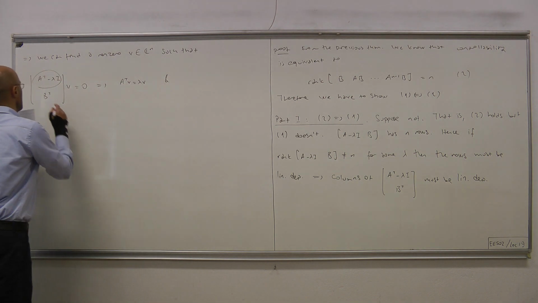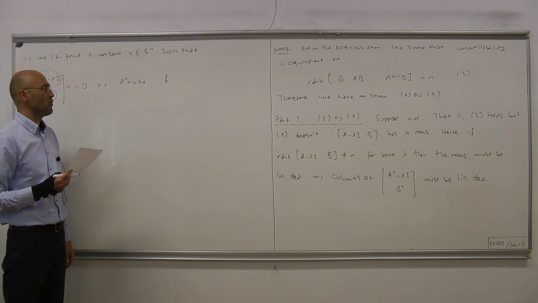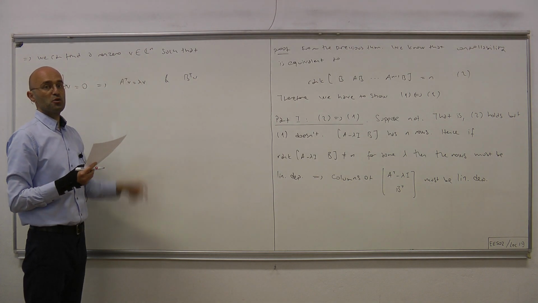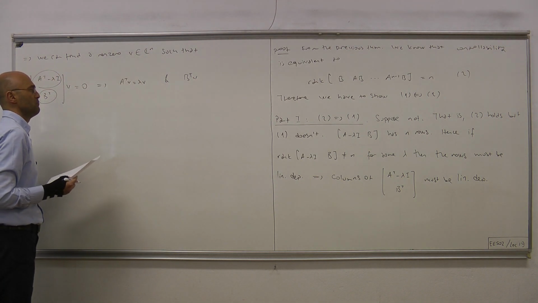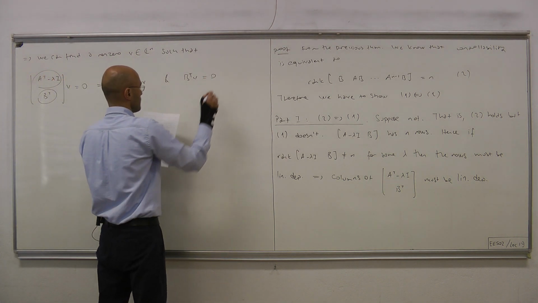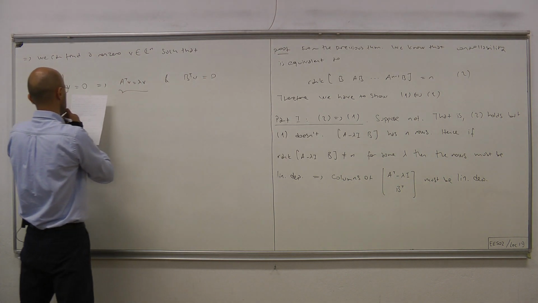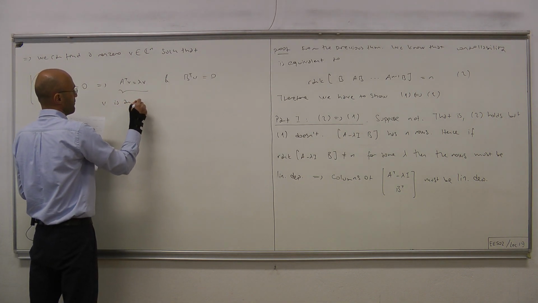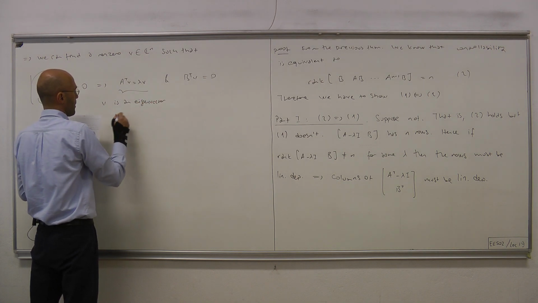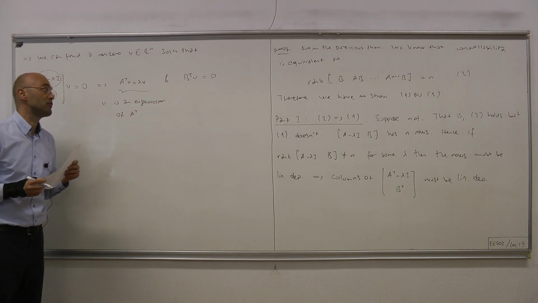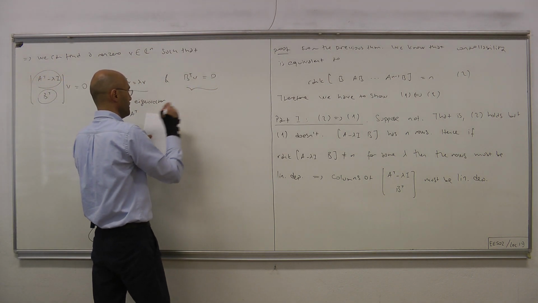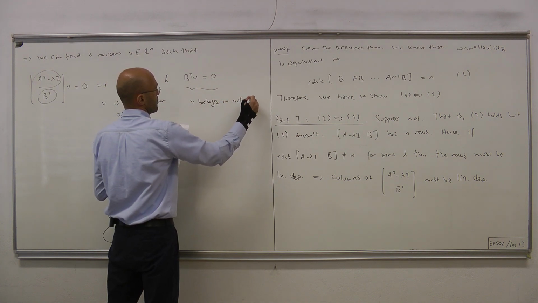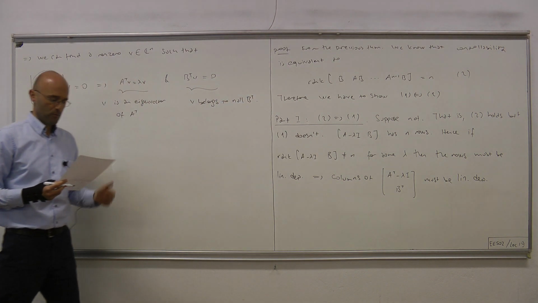Furthermore, B transpose times V equals 0. That means this vector belongs to the null space of B transpose. So this is interpreted as V is an eigenvector of the matrix A transpose, and this is interpreted as V belongs to the null space of B transpose.